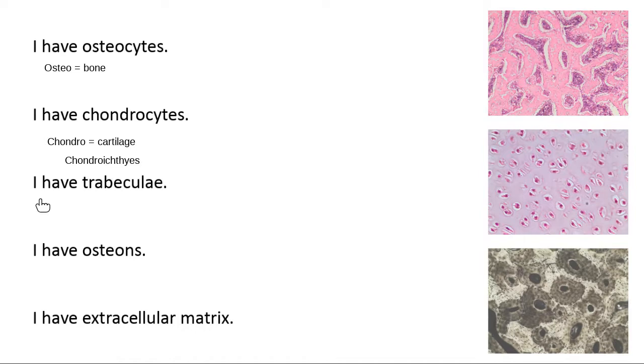All right, next statement here talks about trabeculae. Which of my types of tissue did we say in lab had trabeculae? Yep. Trabeculae are found in spongy bone.